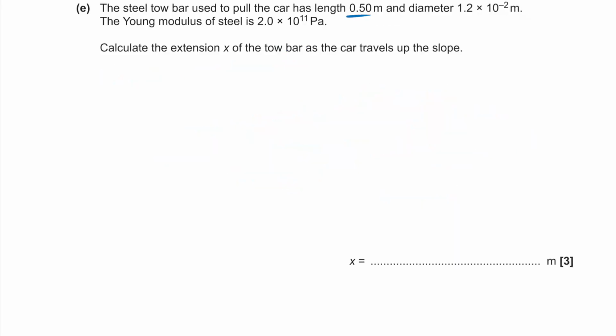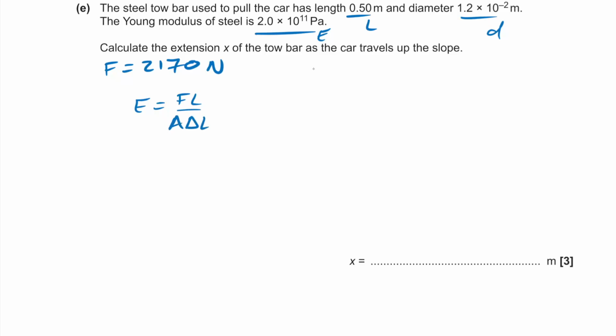Steel tow bar, we have a length of that, we have a diameter of that, so we know we're going to find our area from that. We have a Young modulus here. Calculate the extension of the tow bar. So we have the force as well, don't we? You'll get the mark whether you use your value or the 2200 newtons. So Young modulus equation is FL over A delta L. Let's find the area first. Seeing that there's 3 marks, let's pick up a mark, even if we get the final answer wrong.